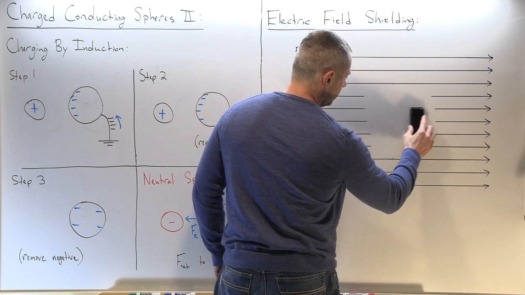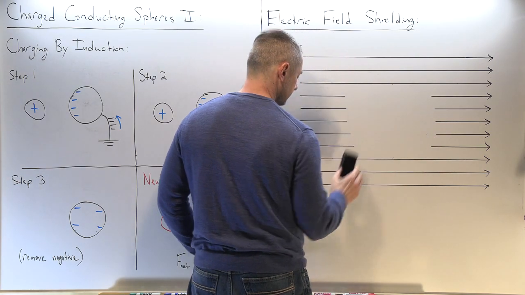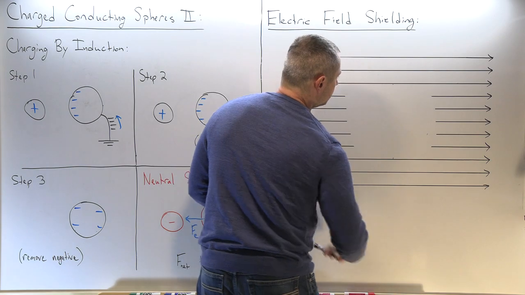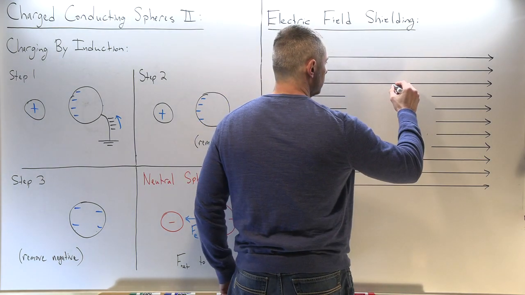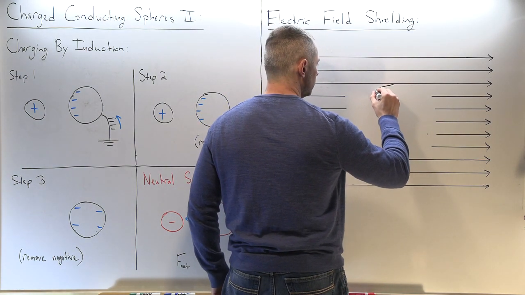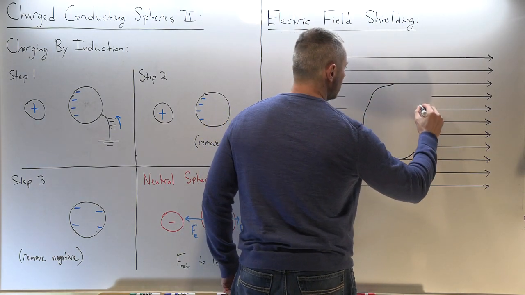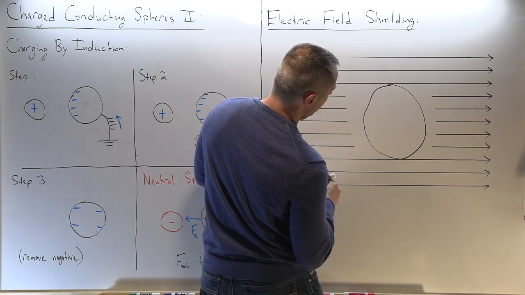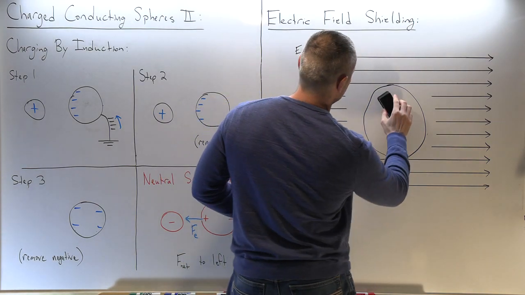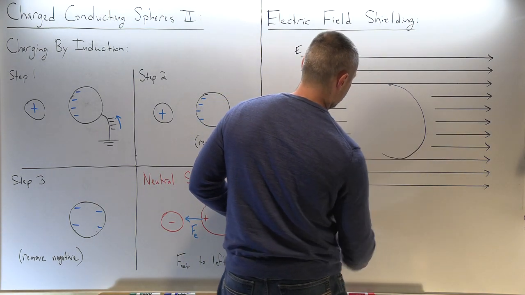with these electric field lines. Well, that was supposed to be a sphere. Let's try again.